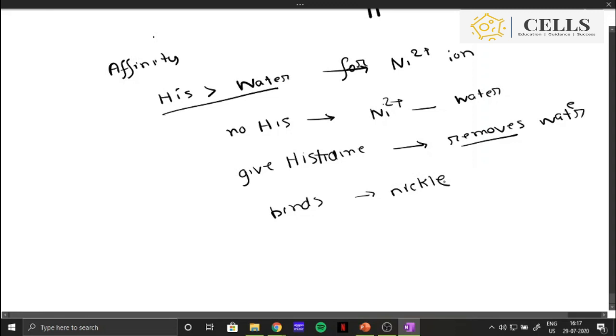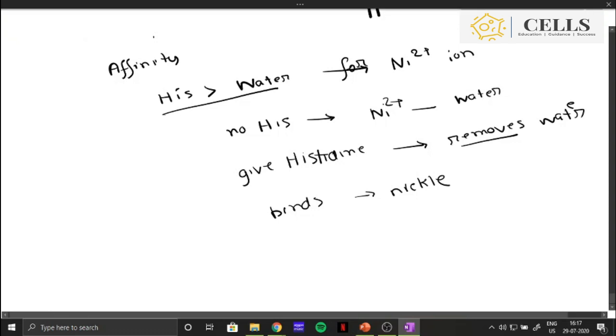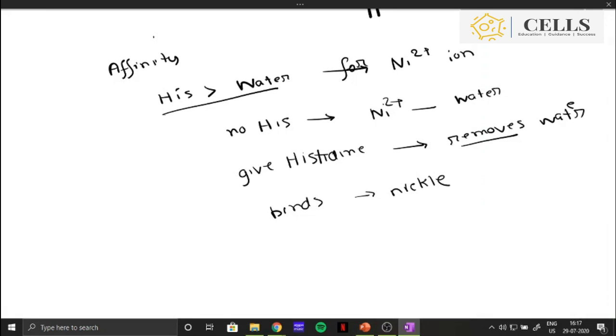The next question is why it only works with histidine tags. Can we use an amino acid and make a bead corresponding to that amino acid? You can make beads corresponding to an amino acid, but the main thing here is you have a protein that you need to isolate.